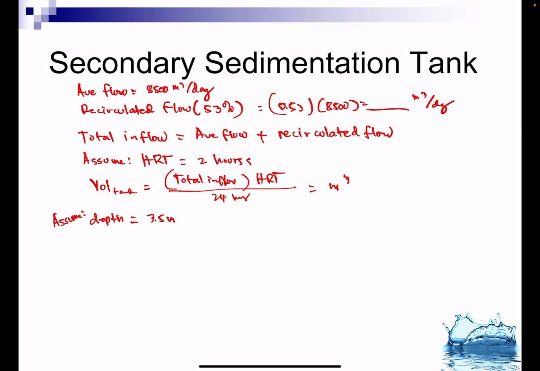So if I have an assumption of 3.5 meters, then the area that I need is the volume divided by the depth of the tank. Okay? And if your surface loading rate of average flow would be, of course you assume, say, 25 cubic meter per meter squared per day, the surface area provided would be the average flow, 8,500 divided by 25.